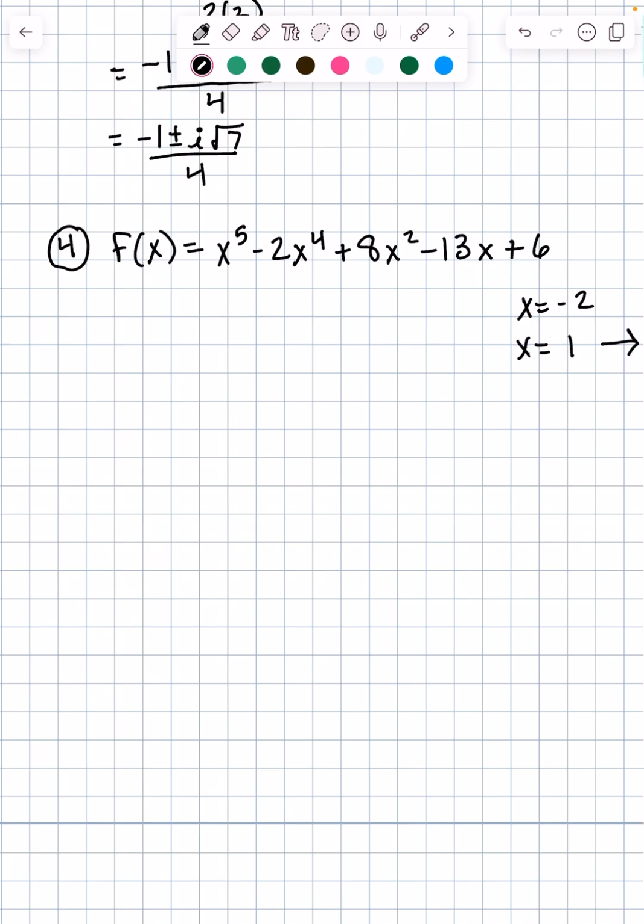So let's set up our synthetic division. Okay, this one we are going to have a placeholder because I don't have an x cubed term. And then let's just plug in -2 for x.